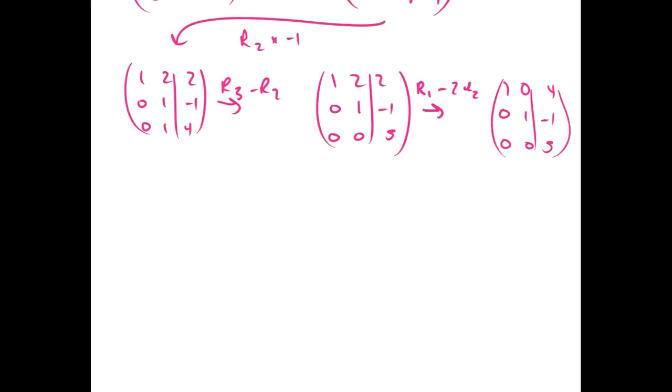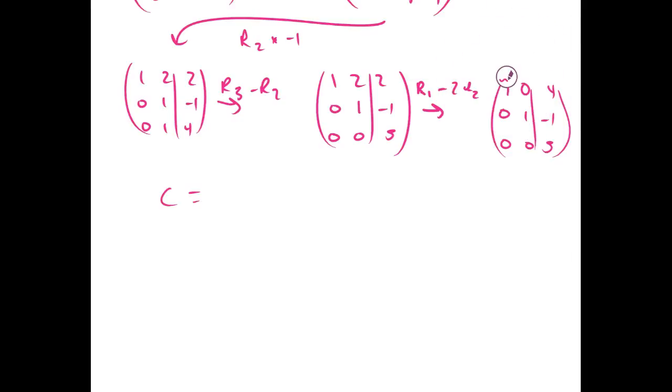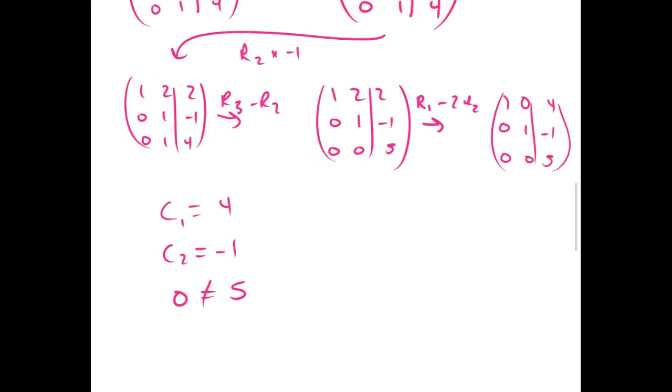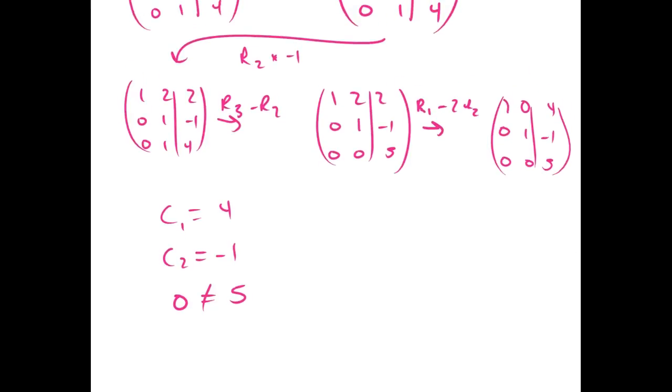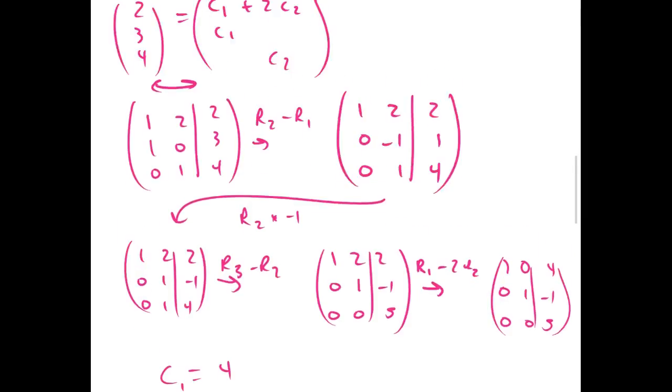So this tells us that c1 equals 4, c2 equals negative 1, but this also tells us that 0 equals 5. So this tells us that this is an inconsistent system and that there is no solution. c1 equals 4, c2 equals negative 1 will not work.